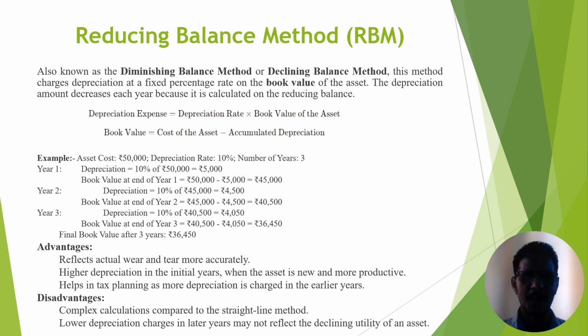At the end of the second year the book value is 40,500, so we take 40,500 minus the third year depreciation. This value is 36,450. This is the reducing balance method. Here we charge depreciation on the reducing balance. Every year after deducting depreciation we have a value, and on this value we charge depreciation in the next year.